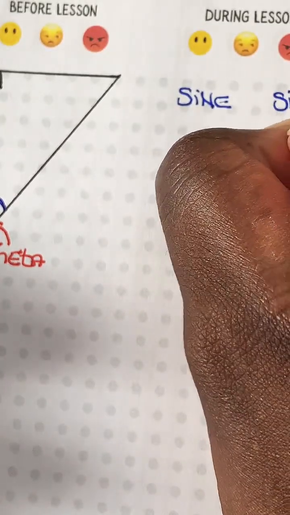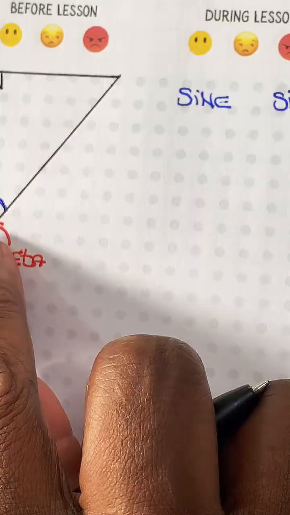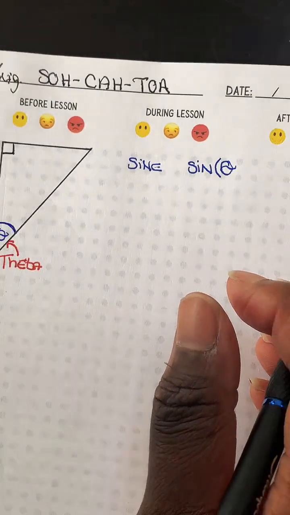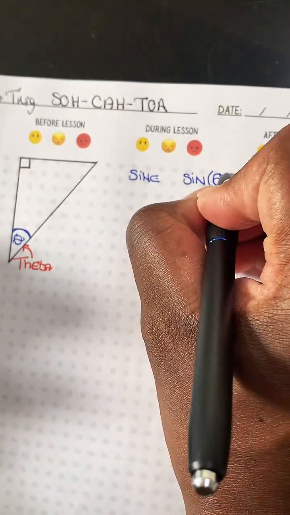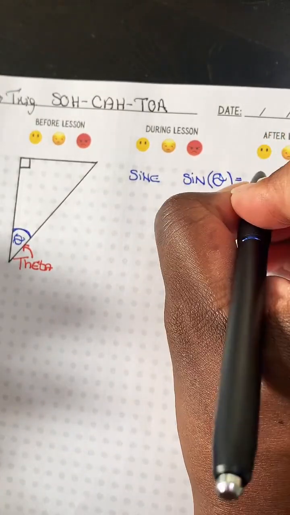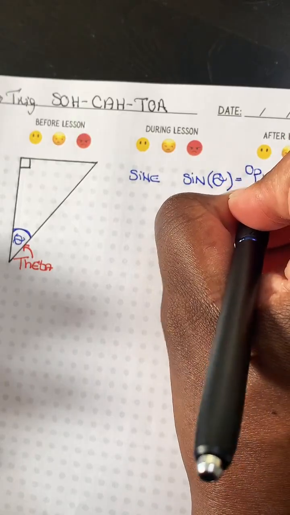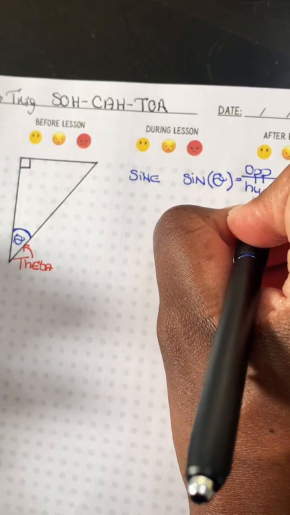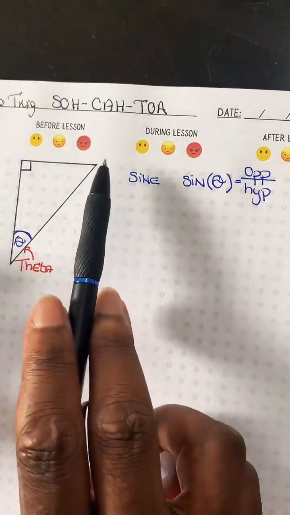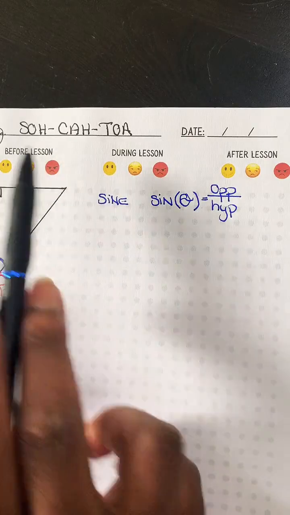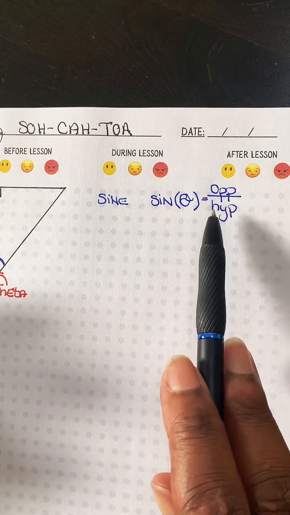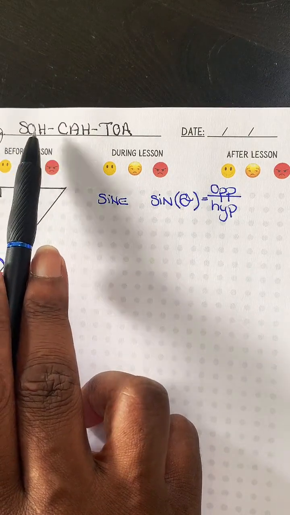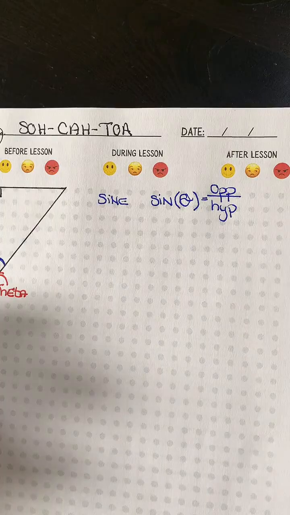Now, the sine of theta, because it's all based off of the angle, the sine of theta goes by the ratio of your opposite, based off the angle, over your hypotenuse. Hence why we say so, because it's your opposite over hypotenuse. SOH, sine, opposite over hypotenuse.